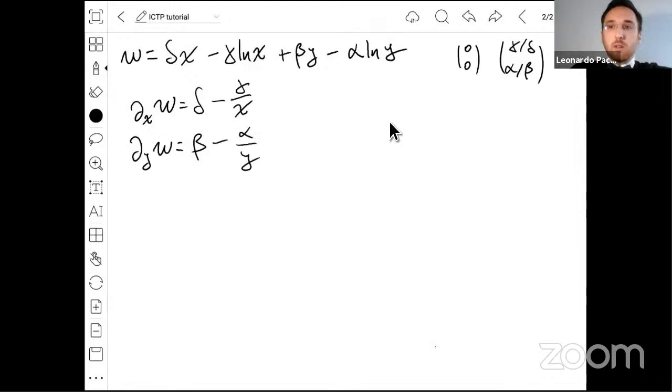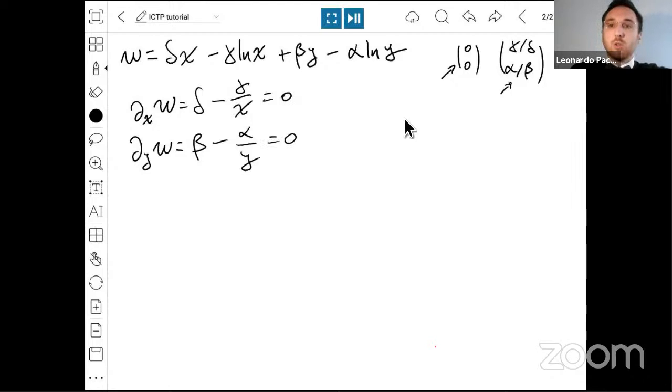So the first thing that you can see is that these derivatives are not defined in the origin, in this equilibrium here, because of course they diverge for x and y equal to 0. So we cannot use W as a Liapunov function for the origin in this case. However, you can see very easily that if we substitute the coordinates of this equilibrium here, in both cases we get 0.